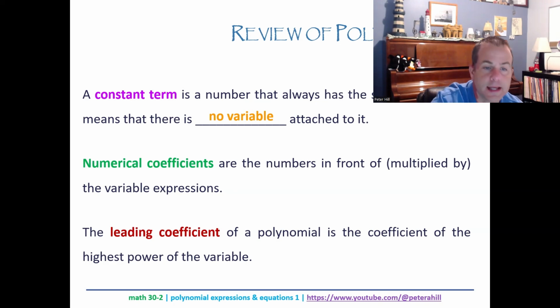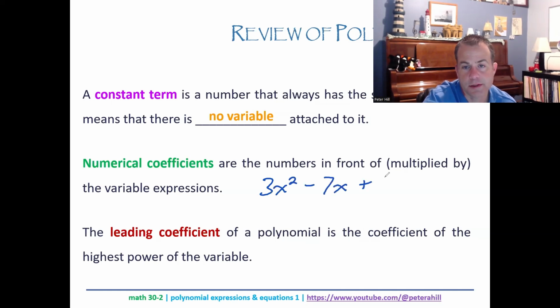So if I said 3x squared minus 7x plus 5, okay? And I said, hey, what is the coefficient on x squared? The coefficient on x squared is 3. If I said, hey, what's the coefficient on x?